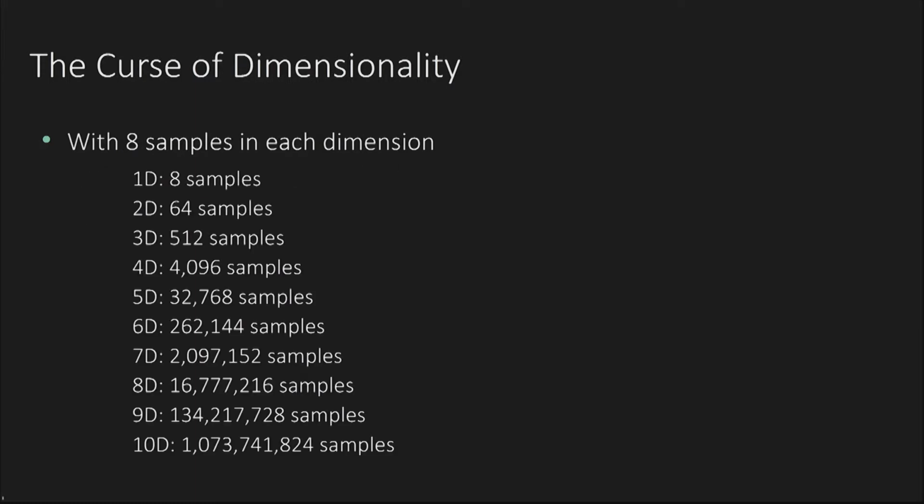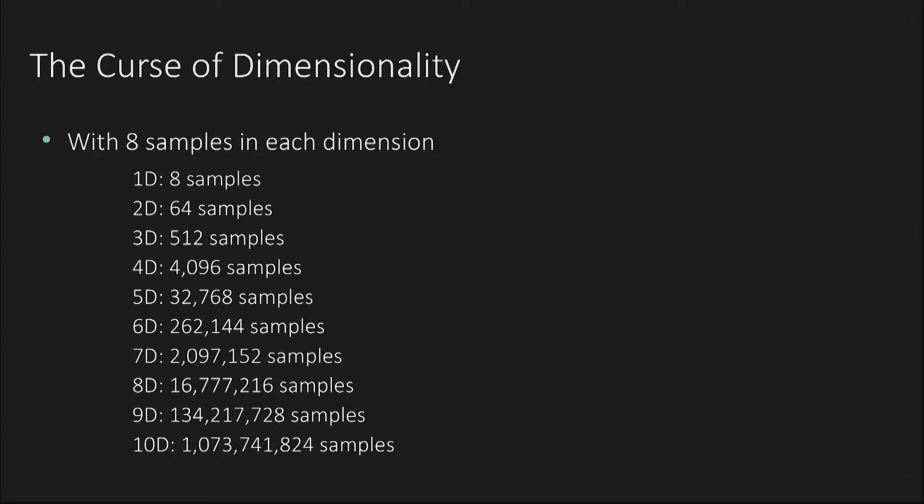If you're trying to take 8 samples of something, with 1 parameter you just need to take 8. With two dimensions, you need to take 64 samples to see the effect of those 2 parameters, if you're taking 8 values for each parameter. With 3 parameters, you need 512 samples, which is roughly what I was doing in the aggregation work.